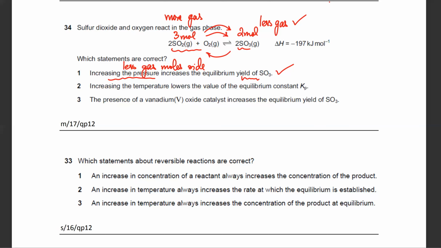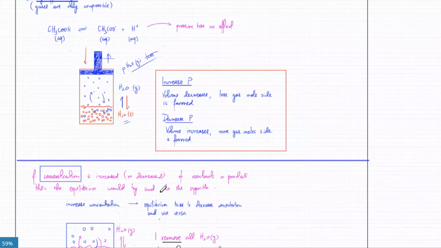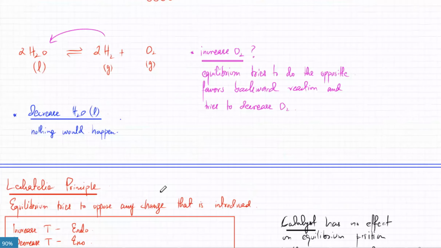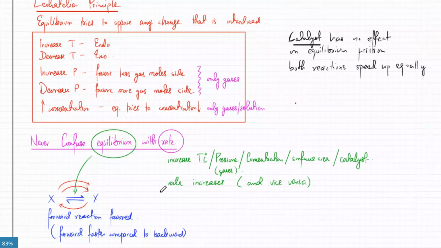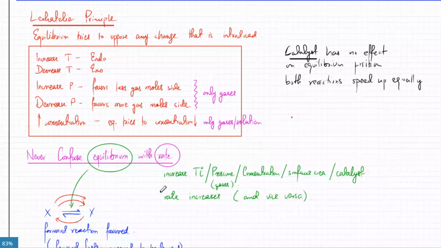Now it's clear. Also remember one thing: when you talk about Le Chatelier's principle, it is written somewhere here, this is the summary of the principle. There's one very important point to remember: increased temperature favors the endothermic direction, decreased temperature the exothermic, and so on.